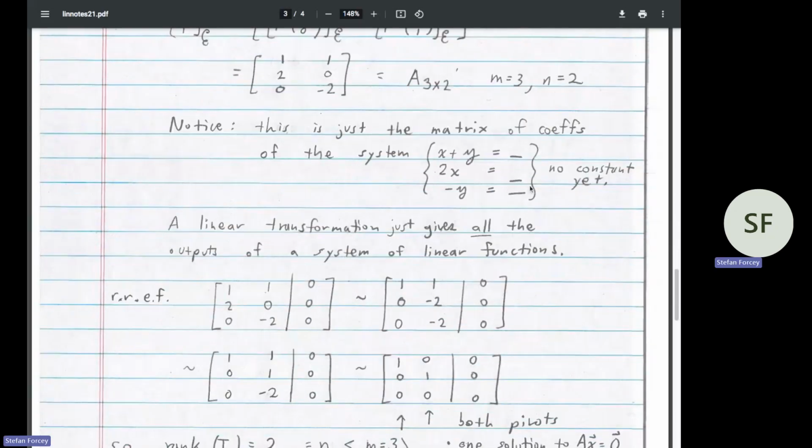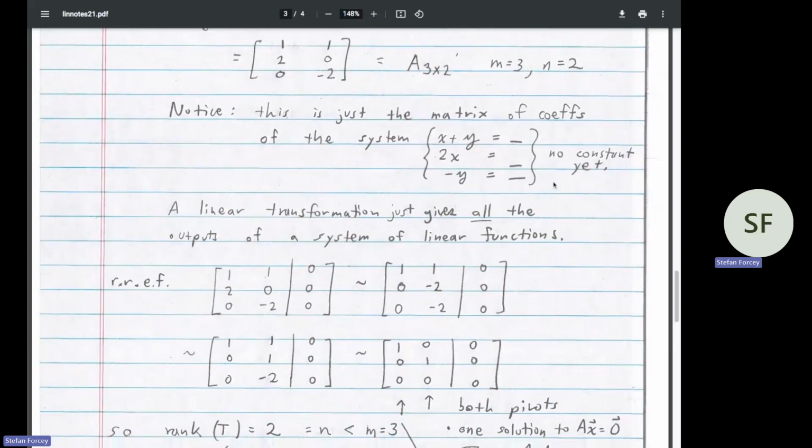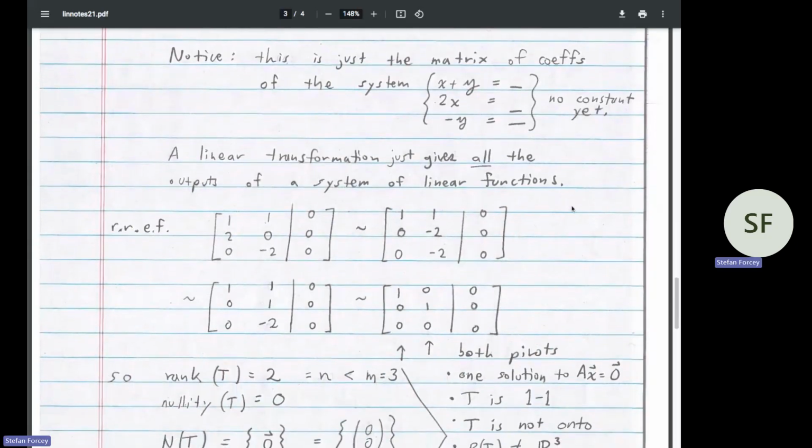A linear transformation just gives all the outputs of a system of linear functions. Like if you set them equal to something, then we'll be looking at a specific picture. But a linear transformation is basically just leaving that open-ended and letting you plug in inputs. So we want to figure out which of those give you an output of 0.